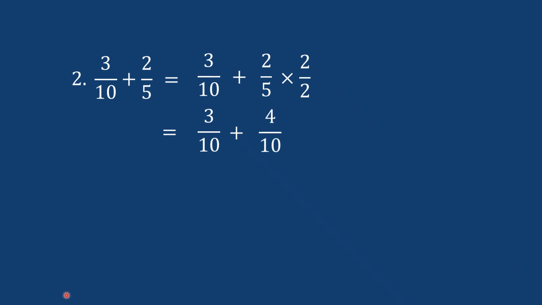So, plus 4 over 10. The denominators now are the same, so we can just add the numerators. 3 plus 4 is 7, and then copy the common denominator. So, the answer is 7 over 10.